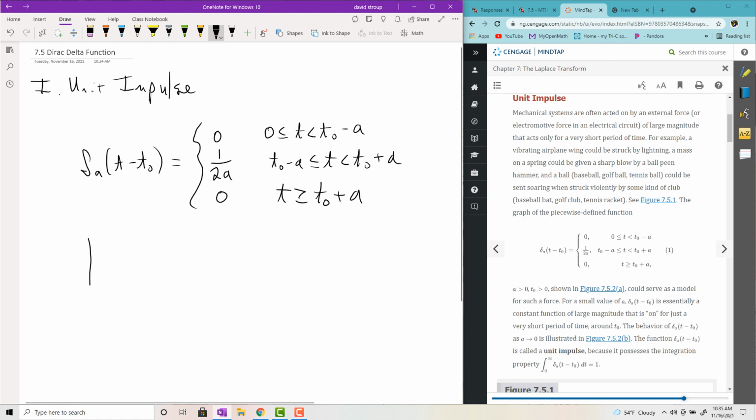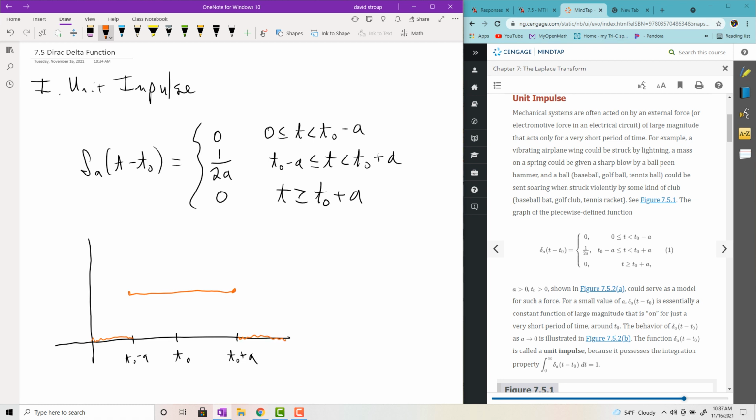To graph that, you locate your t sub 0 wherever that is, and then go over by a, from t sub 0 minus a to t sub 0 plus a. It's 0 everywhere except here, and it jumps up to 1 over 2a.